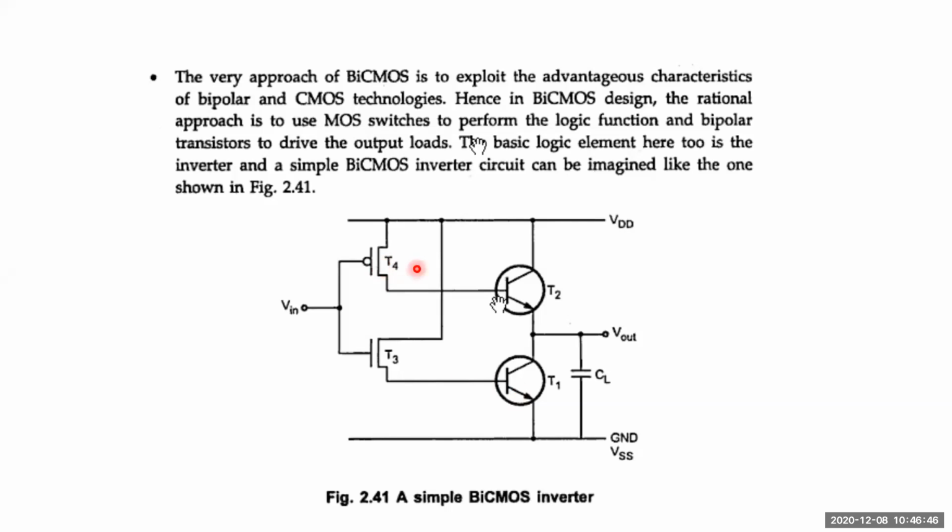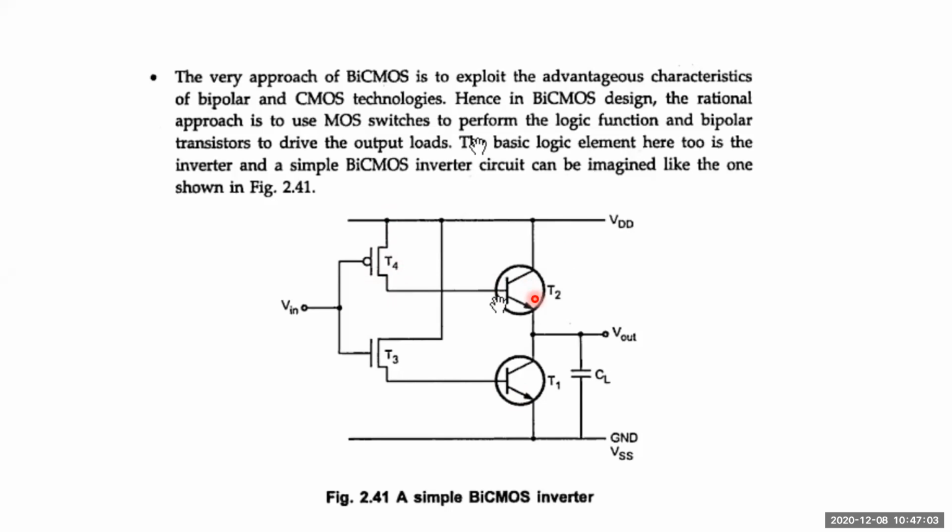Similarly here, whenever T4, the PMOS, is on, the channel is formed and VDD flows through to the output of this one. That output will now trigger T2, so T2 comes into the on state. It is in conductive mode.